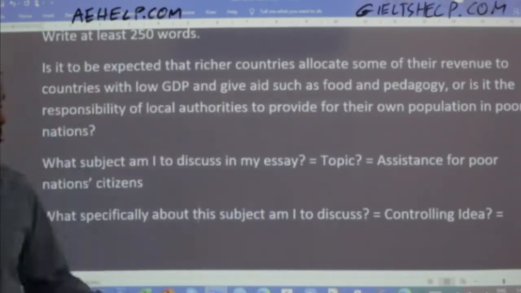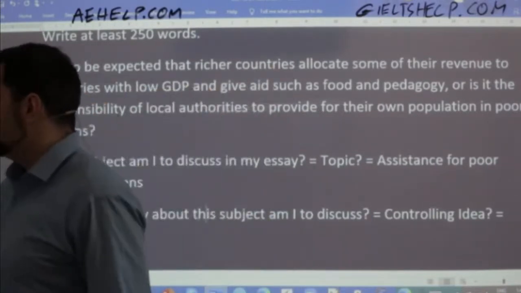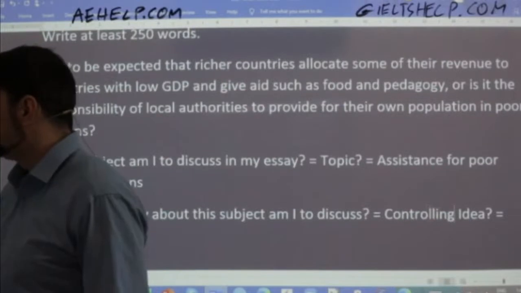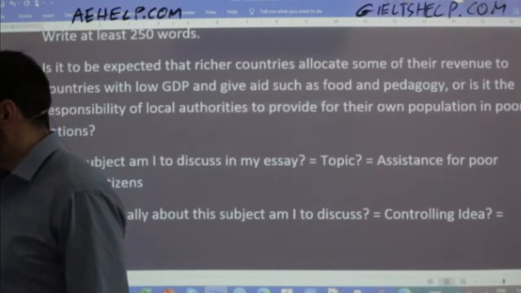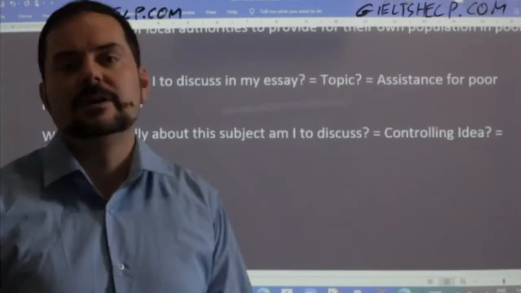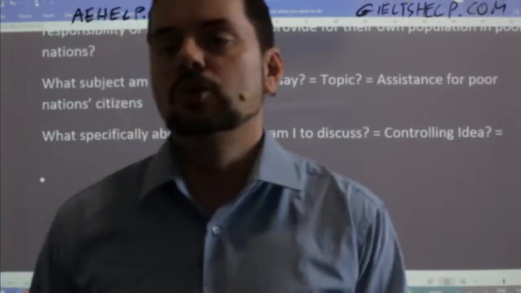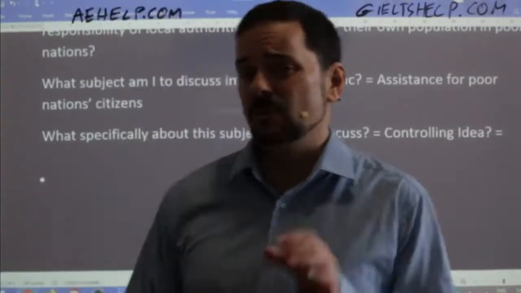When you're thinking about these questions, always think of the original question, right? And then what's the controlling idea? So what specifically am I discussing about this? What's the controlling idea? And you want to really pay attention to get both of these correct.